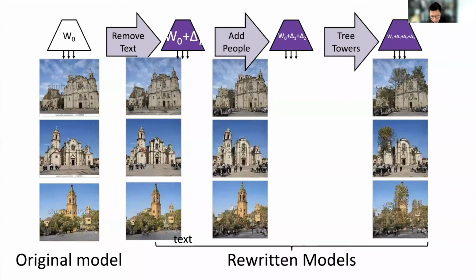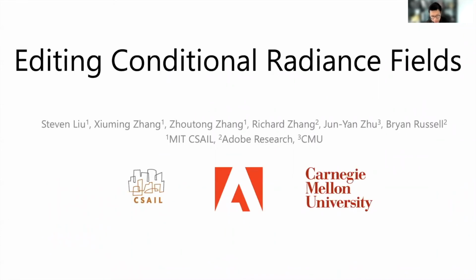The idea here is we would like to just edit the models, and this operation does not only apply to GANs or VAEs. It can apply to any kind of model which can produce images.